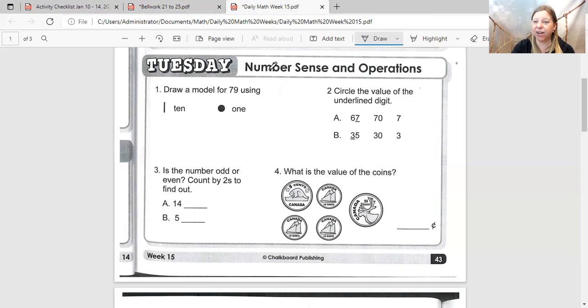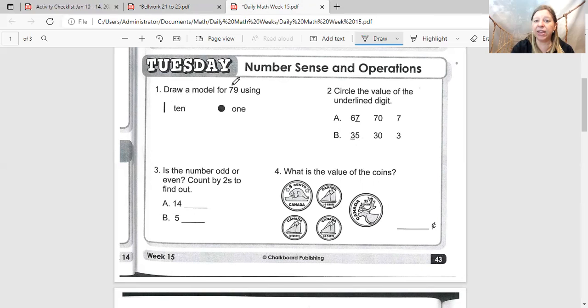Let's move on to our daily 5 activity now. It's number sense and operations because we're practicing our number skills today. It says to draw a model for 79, using sticks for showing tens and dots for showing ones.